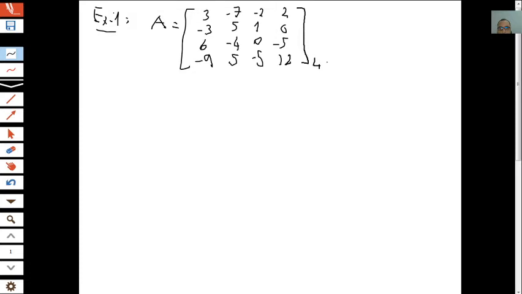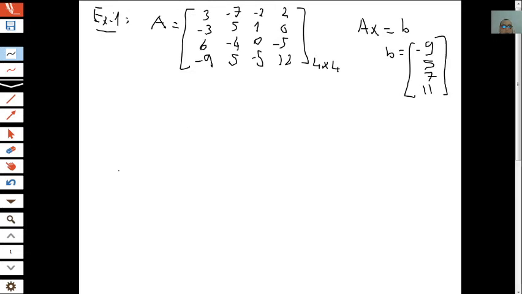We have a 4 by 4 matrix, and our aim is to solve the equation Ax is equal to b, and b has the components minus 9, 5, 7, and 11.